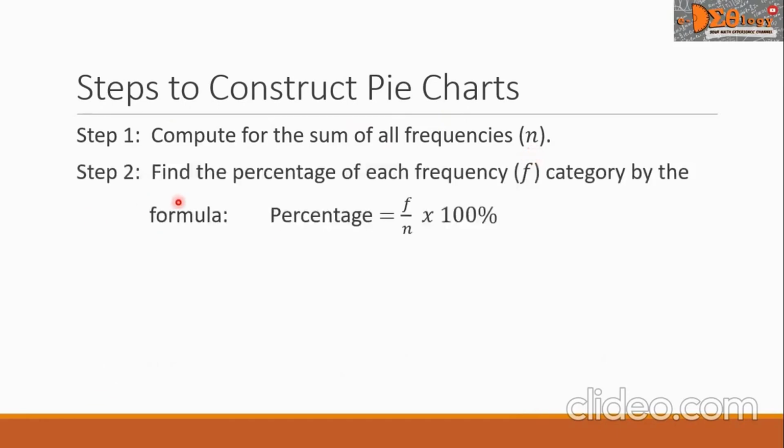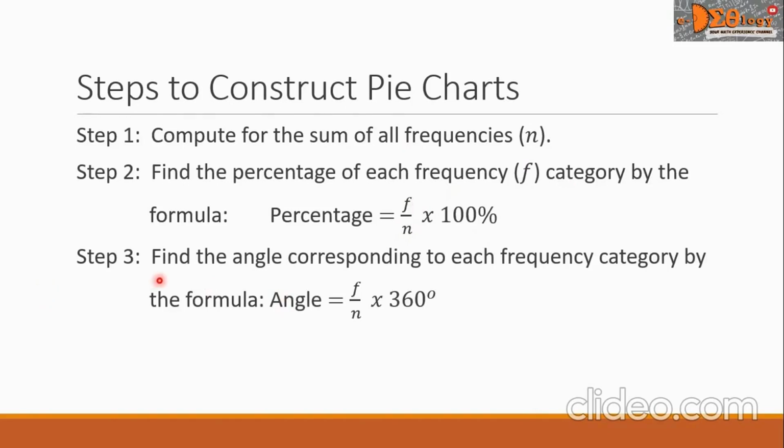Step 2. Find the percentage of each frequency, denoted by f, category by the formula percentage equals f over n times 100%. Step 3.